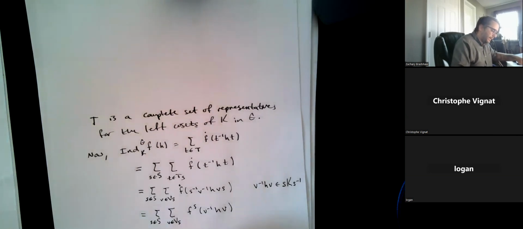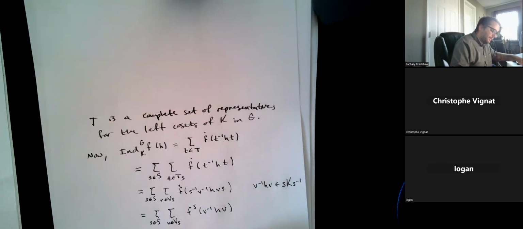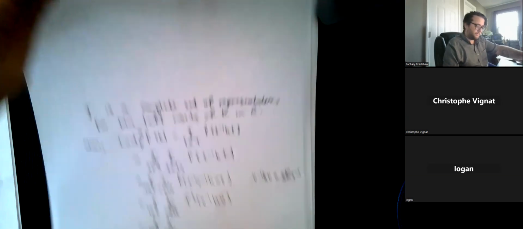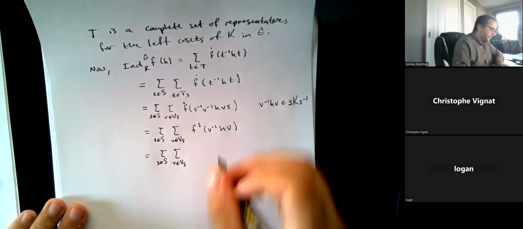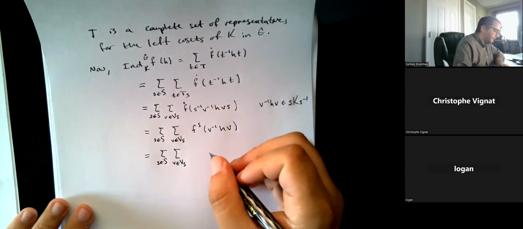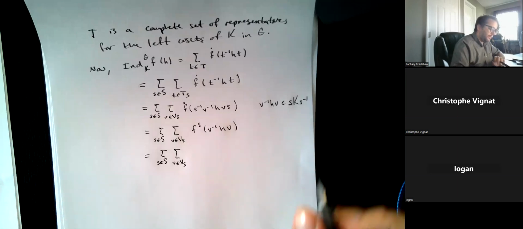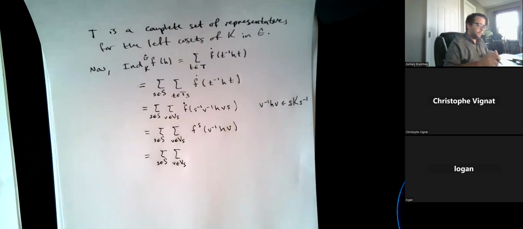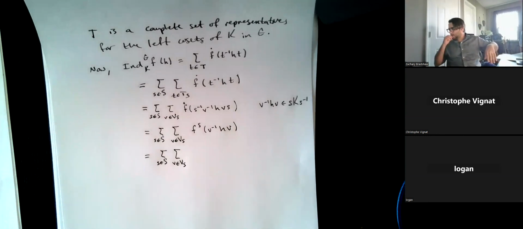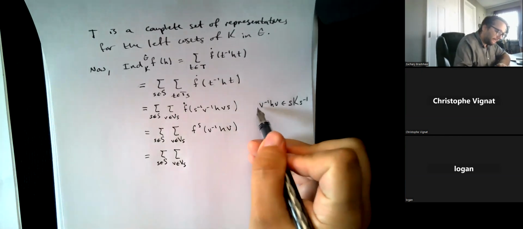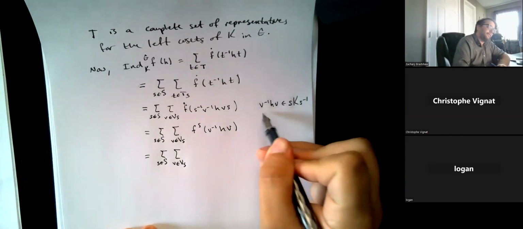And so we can write this as the sum over S in S, sum over V in V_S, actually, I think what I want is something slightly different. Yes, okay, this doesn't hold in general.